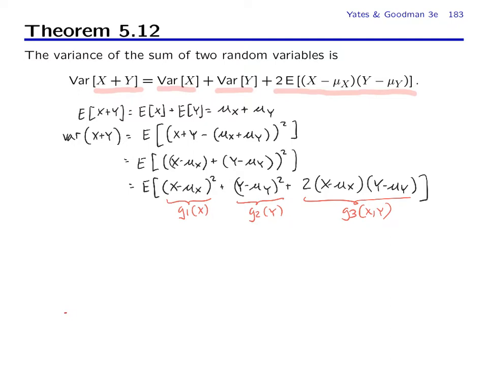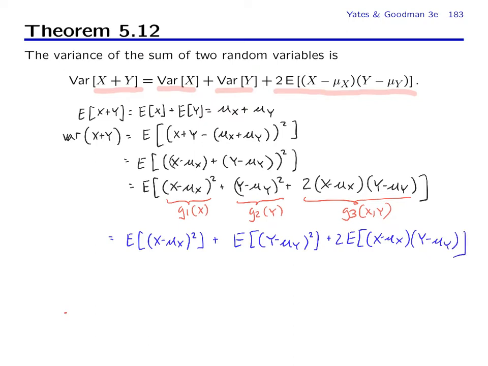And putting these pieces together, you get the expected value of the first term plus the expected value of the second term plus 2 times the expected value of the third term.